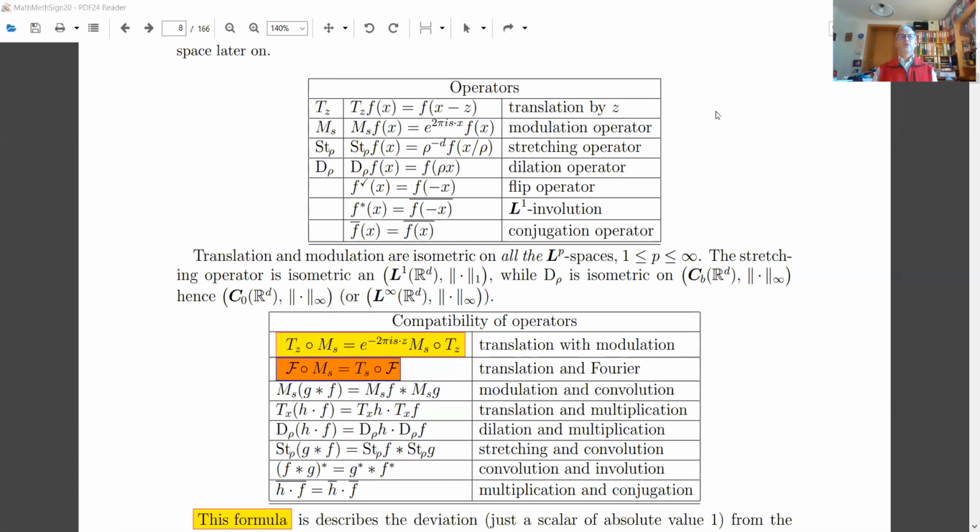So we have two dilation operators which are adjoint to each other. The dilations are isometric on the bounded continuous functions. They don't change the values, but they preserve the maximal value. And they are nicely compatible with pointwise multiplication. Whereas the stretching operator is preserving the L1 norm.